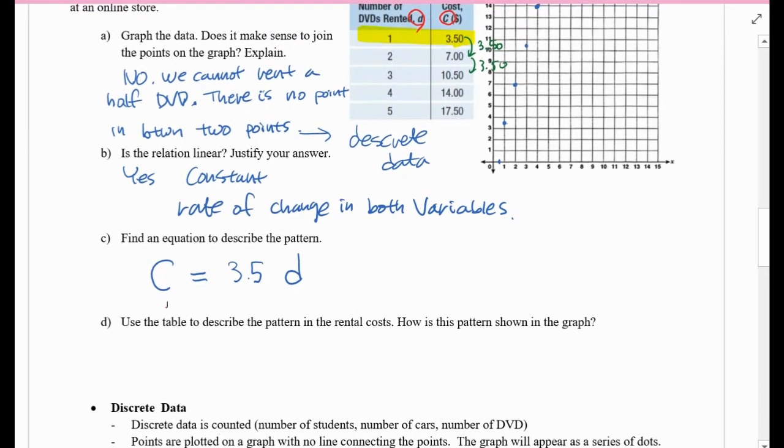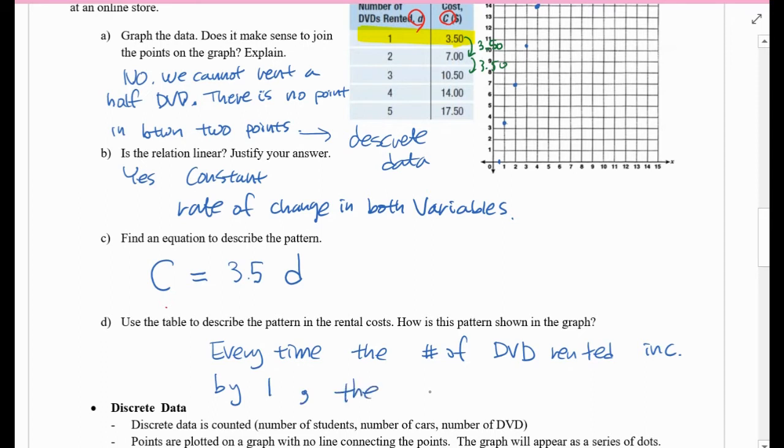Every time the number of DVDs rented increases by 1, the cost increases by 3.50.